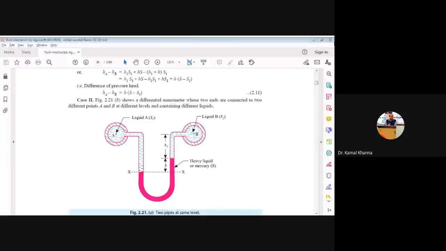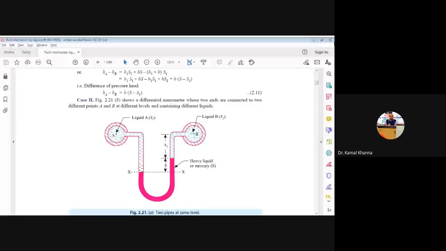Heavier means it is having more specific gravity as compared to the two liquids which are being used at points A and B. So as soon as these two liquids are joined with the U-tube manometer, let us say the liquid at point A is water and the liquid at point B is oil, and the reference liquid is mercury.